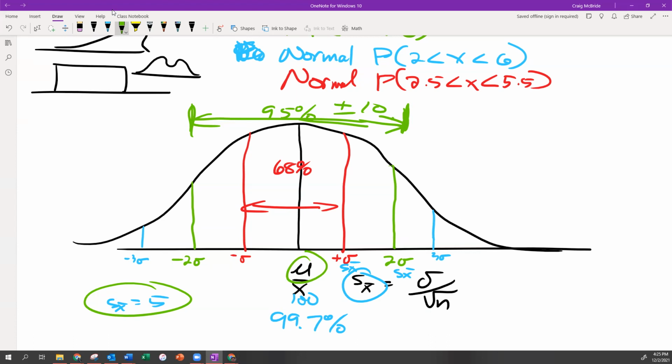We don't know this in real life, but if we have our sample mean and we build a confidence interval around it, let's say our sample mean is 92, and we add 10 to it, so we go to 102, and we subtract 10 from it, so we go to 82, we can say that we're 95% confident that this interval captures the population mean, that the population mean should be somewhere between 82 and 102.